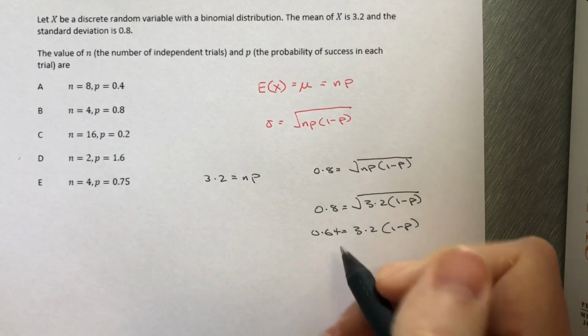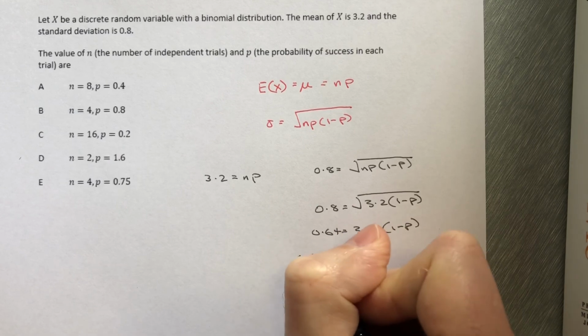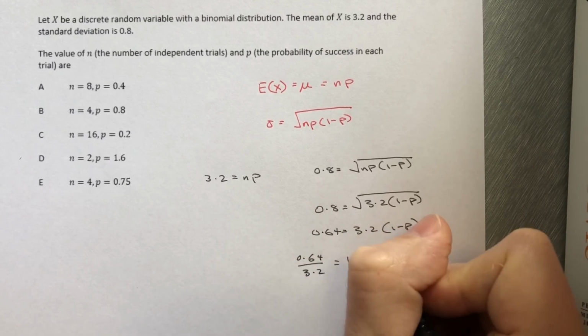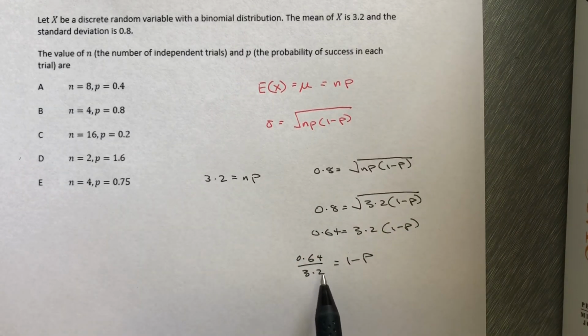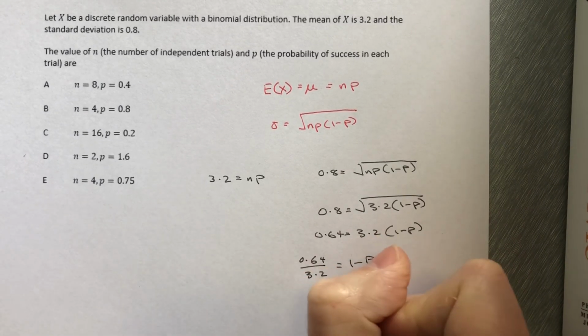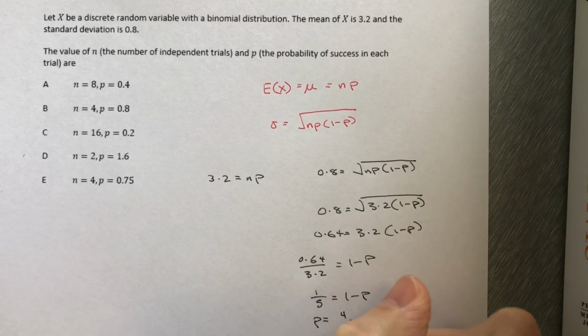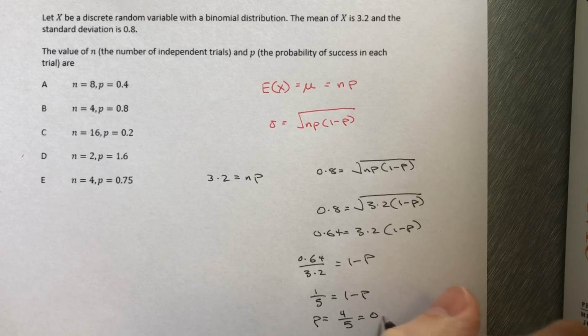Let's get this 3.2 out of there. 0.64 divided by 3.2 is 1/5. So p is equal to 4 on 5, which is 0.8.